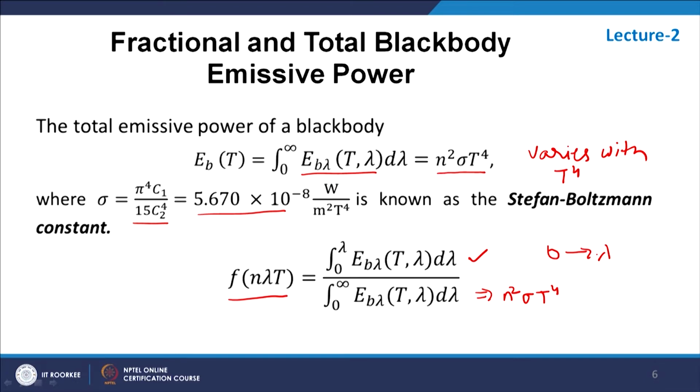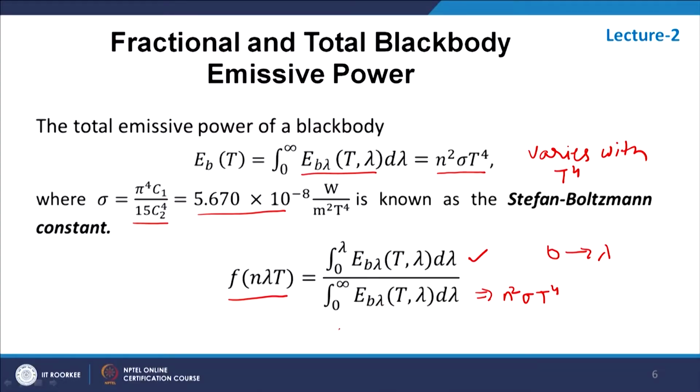Now, if you are interested in finding the amount of energy emitted between lambda 1 and lambda 2, in two different wavelength regions, all you have to do is find E lambda 1 to lambda 2, that is the amount of energy emitted by a black body between these two spectral ranges, which will be equal to F(0 to lambda 2, T), the amount of energy emitted between 0 and lambda 2, minus F(0 to lambda 1, T), the amount of energy emitted within the range 0 to lambda 1.